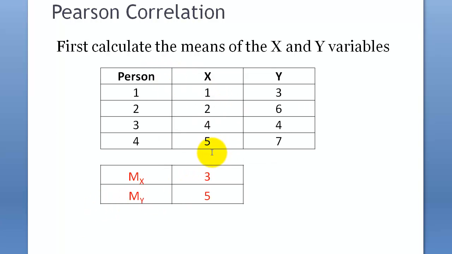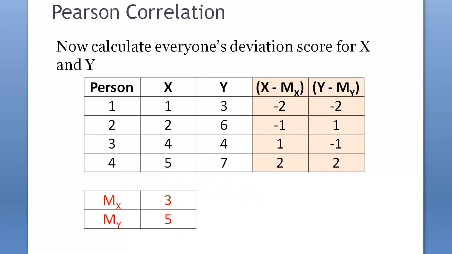In other words, if the mean of the x values is 3, the mean of all the y values is 5. So x minus the mean of x's, and y minus the mean of y's.